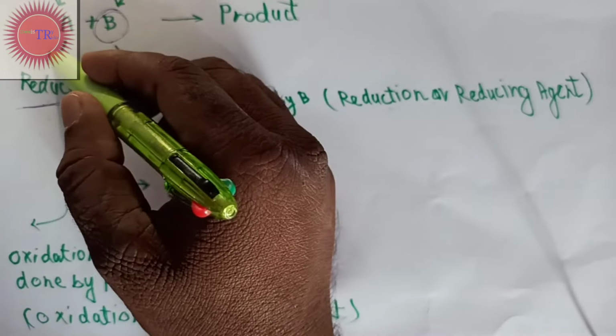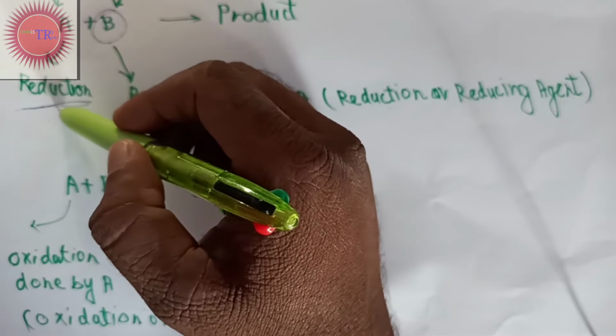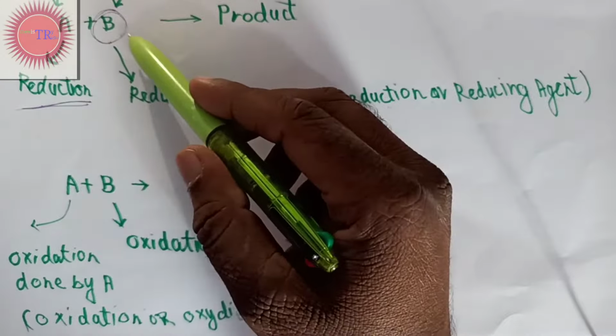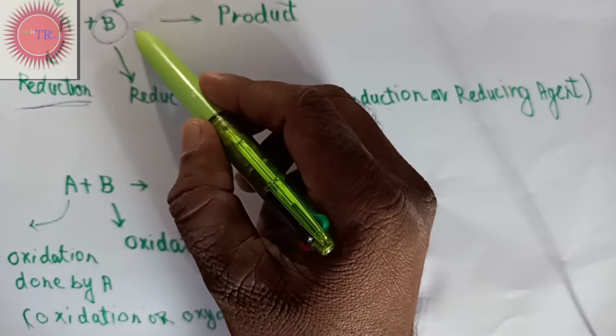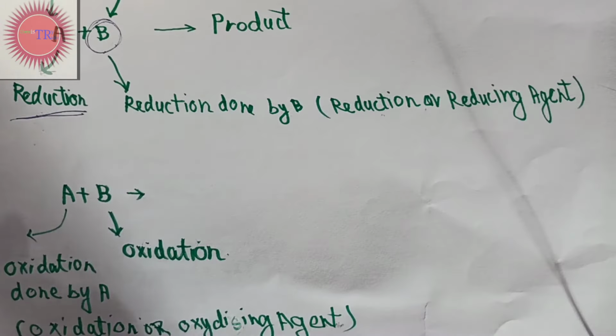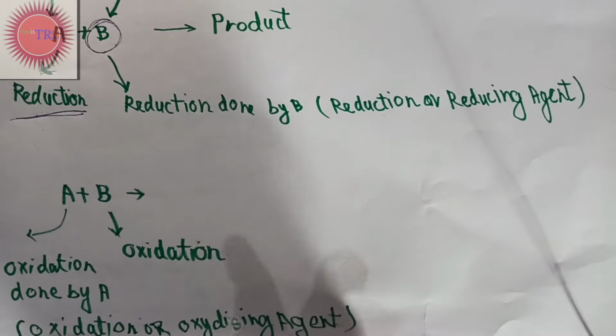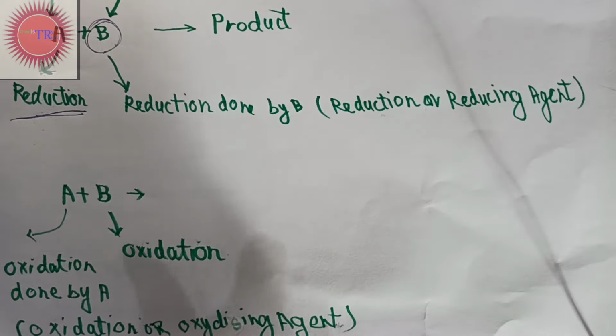A and B. If A is reduced, it is reduced by B. So A is not the reducing agent, because it is reduced by B. That is B, the reducing agent. And if B is oxidized, it is oxidized by A, so A will be the oxidizing agent. It means the definition of oxidation is the definition of reducing agent. Where oxidation happens, the compound which is oxidized is the reducing agent, and just opposite, the compound which is reduced is the oxidizing agent.